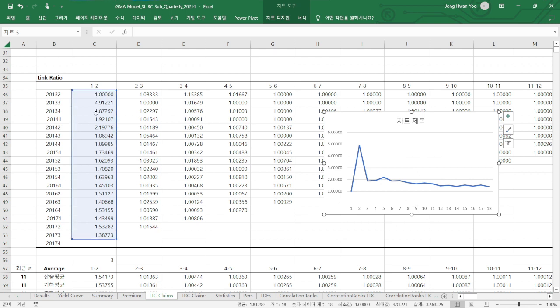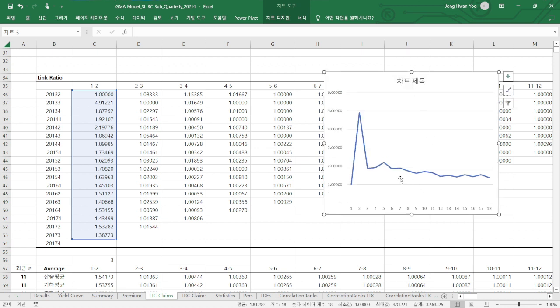But the earlier ones look very out of range, right? And also, if I make it bigger, it tends to decrease towards the more recent accident quarters. Why is that? You have to find out why.